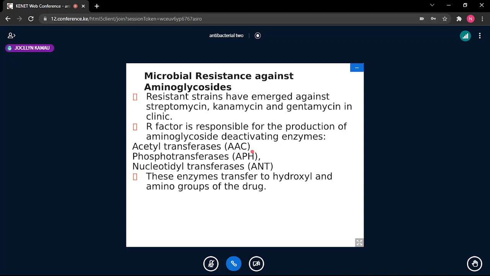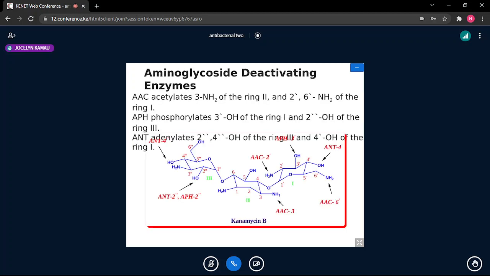So these are the three main enzymes, and from their names you can tell what they do. One will acetylate, one will phosphorylate, and one will add a nucleotidyl group, and therefore deactivate those positions. They are important positions that are required for the activity of that drug, or for that drug to bind onto the receptor.